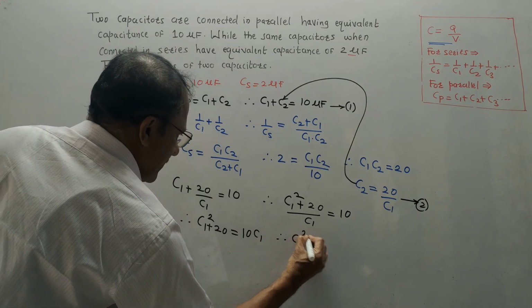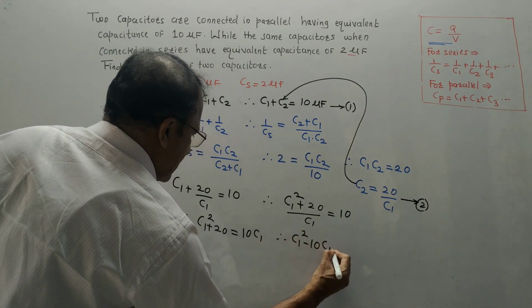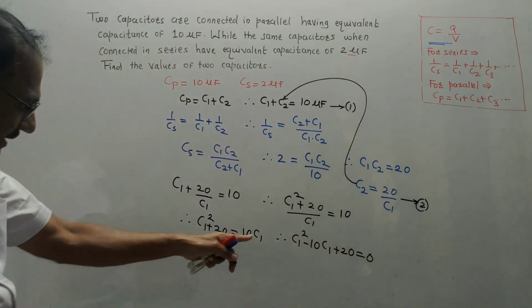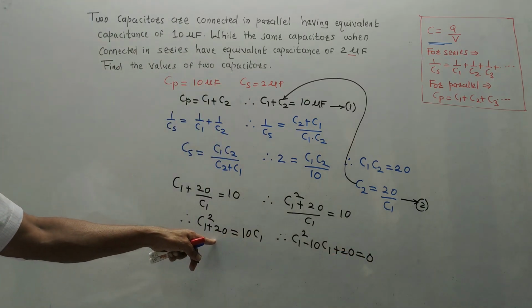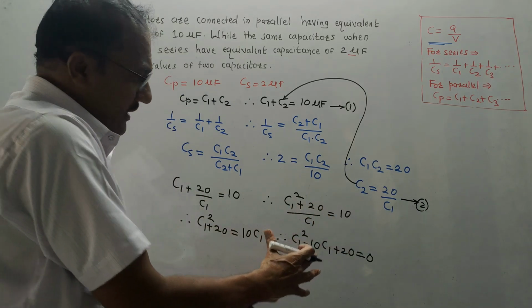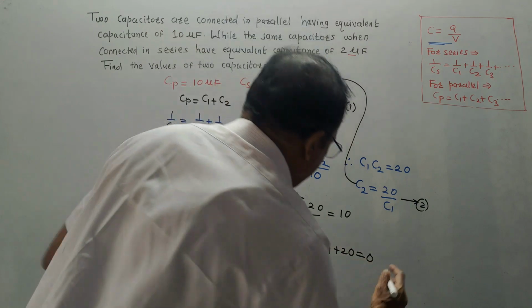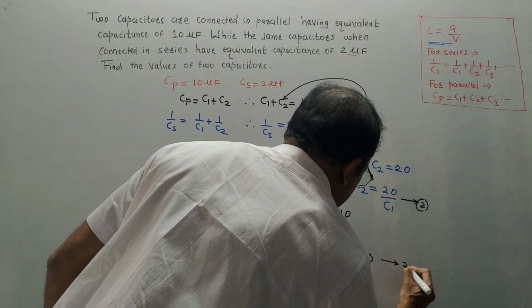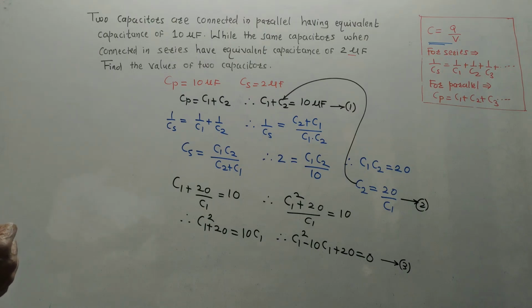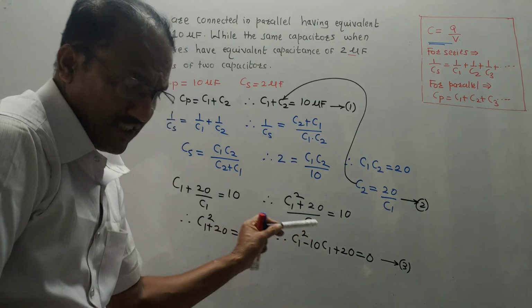Therefore, C1 square minus 10 C1 plus 20 is equals to 0. What I did, I have transferred this term at the LHS. To get the quadratic equation, I have shifted all the terms at the LHS and I have got 0 at the RHS. Let us say this is equation 3. Now, simple step is you just have to calculate the roots of these equations.